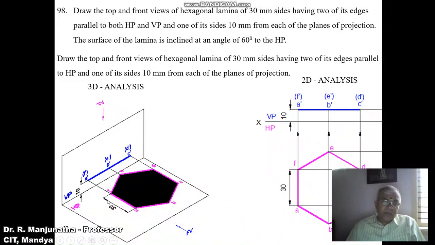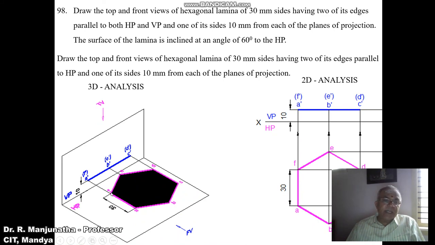So how to start with this? You make both the sides perpendicular to VP, that is AF and CD, both are perpendicular to VP. Because it is an even number of sides, the side opposite to this is always a side. We can see here AB and BC are inclined to both HP and VP, and here AB is inclined to VP, BC is also inclined to VP.